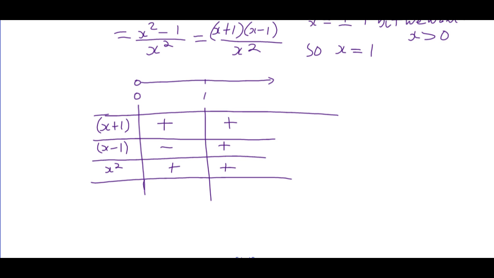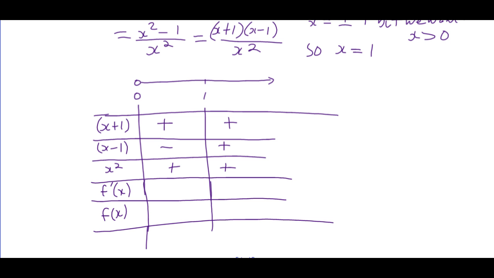Okay, scooch down a smidge. We've got two more things to put in here: f prime of x and f of x. So f prime of x will be negative, so this is decreasing. And f prime of x will be positive, so this is increasing, which means this is a local min. Question is, is that also the absolute min?